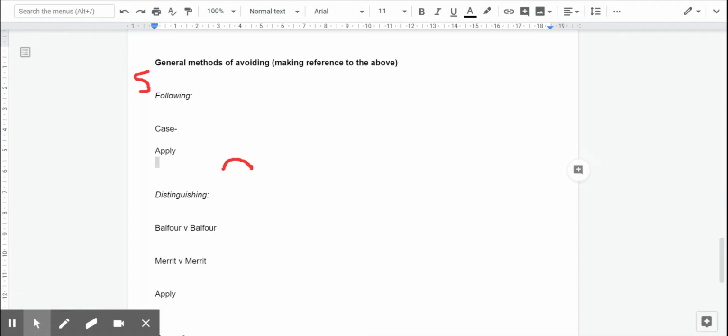But let's have a think about our methods of avoiding precedent, because that's what the question really focused on. In order to explain this, you have to have done your background about stare decisis, etc. So general methods of avoiding, when we say general methods, we mean any method that any court could use.